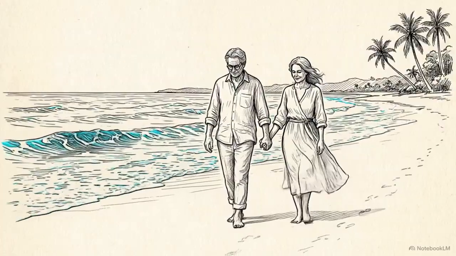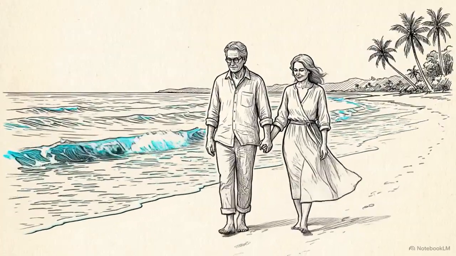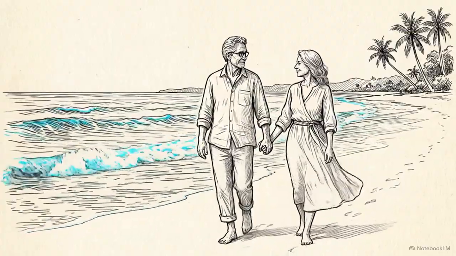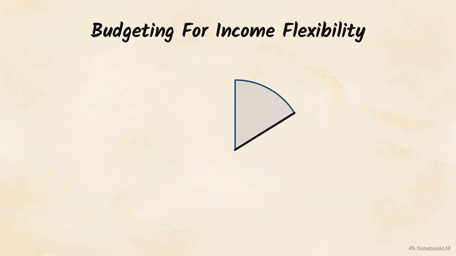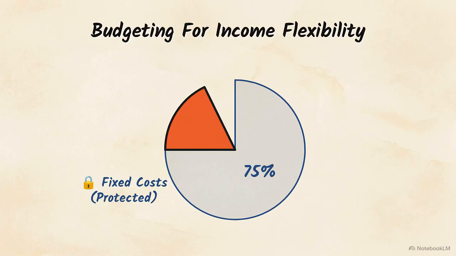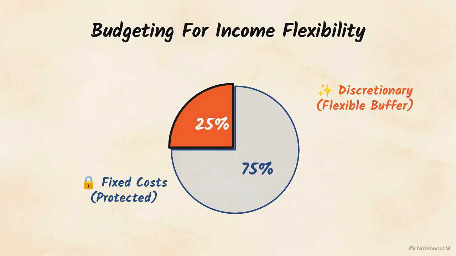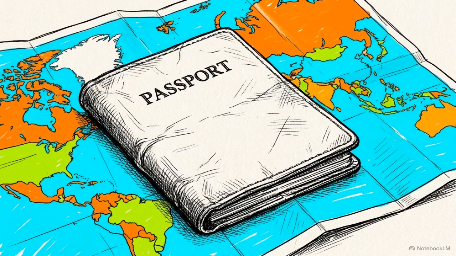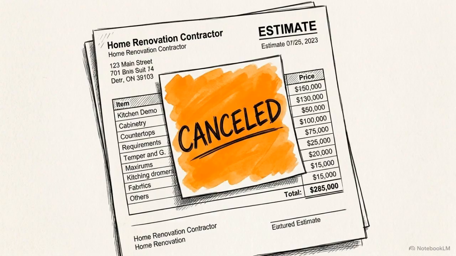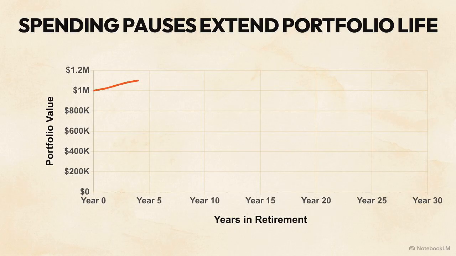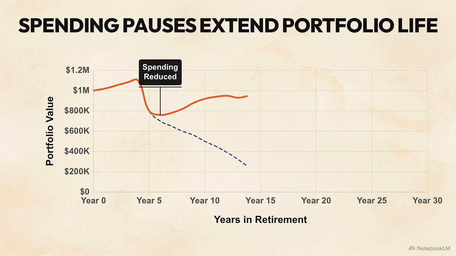However, if you are comfortable maintaining a flexible lifestyle and a dynamic budget, the numbers shift heavily in your favor. A flexible lifestyle simply means keeping a portion of your budget allocated to discretionary choices. Categories like travel, fine dining, or home renovation projects can be paused when a market downturn demands it. For retirees willing to embrace those temporary pauses, these guardrails offer immense financial leverage.